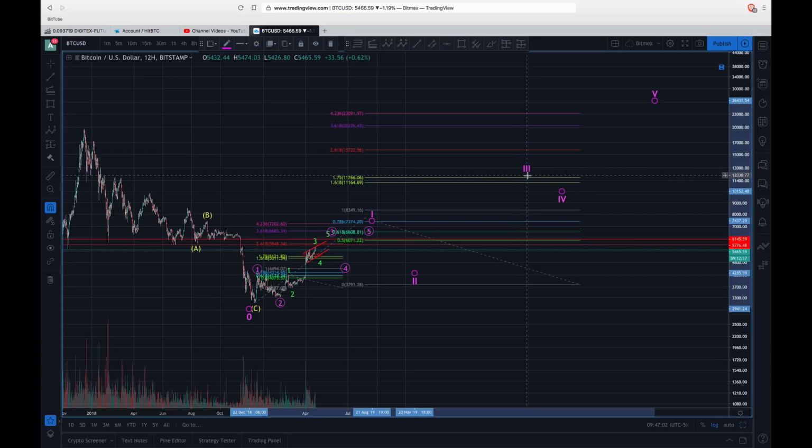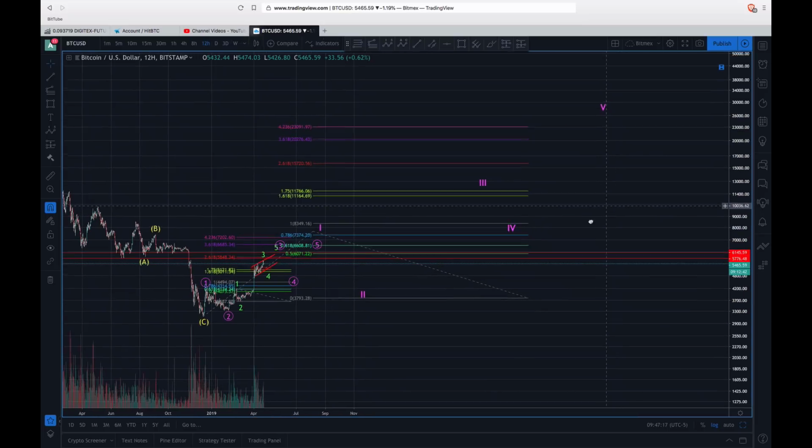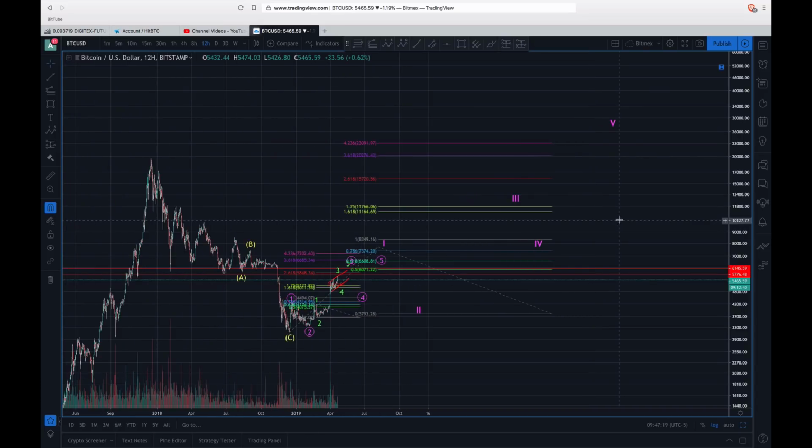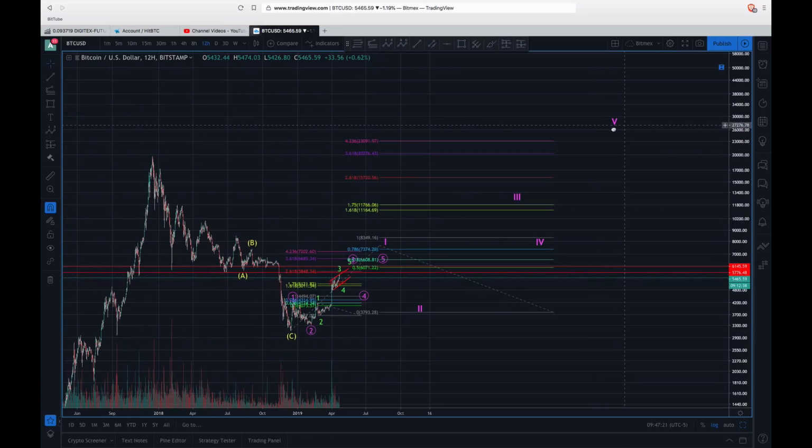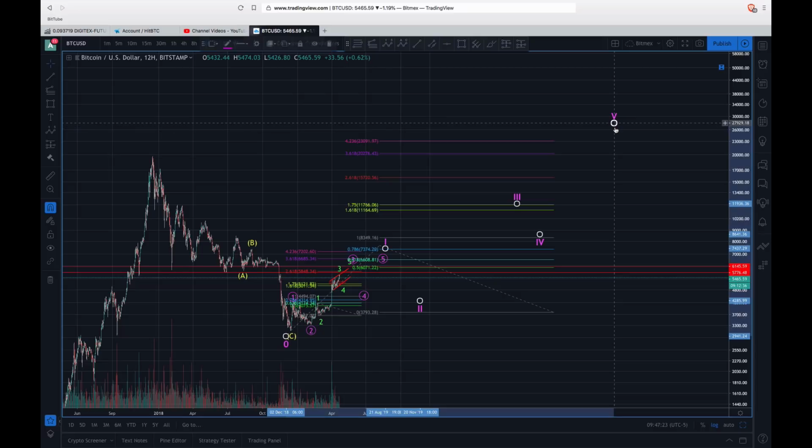And like we know in crypto, at least on the major cycles, it tends to hit higher extension levels. But this is just an idea of where you could have something kind of like that. And then ultimately the 5 is the one that's super complex, because within the 5 you'll have a bunch of subwaves.